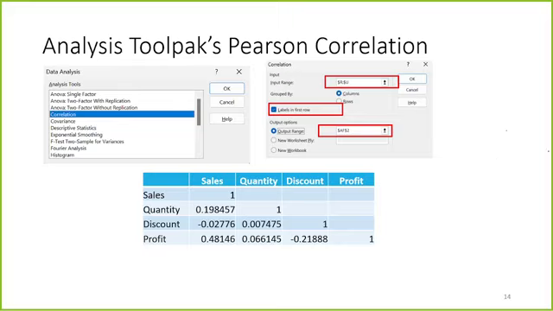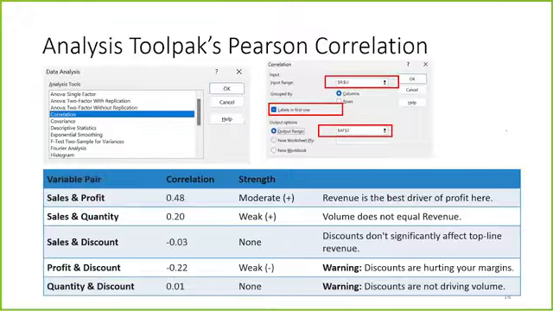Okay, now let's take a look at what AI gave me. I let them conclude about what we get from all the pairs. So between sales and profit, of course, this is moderate, and in fact, revenue is usually the best driver for profit. Sales and quantity, 0.2 is a weak positive correlation, so volume does not equal revenue.